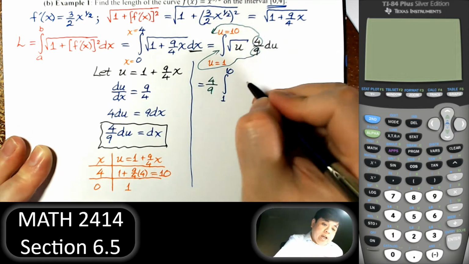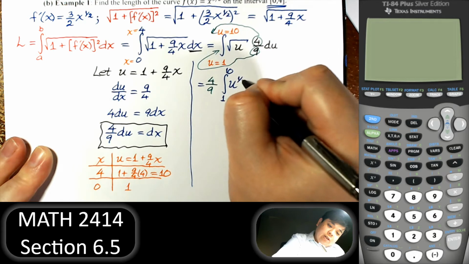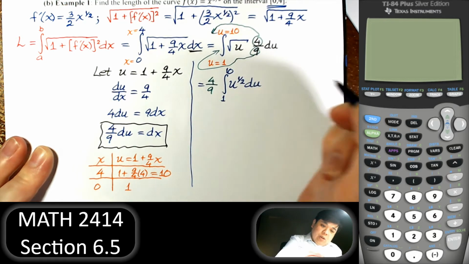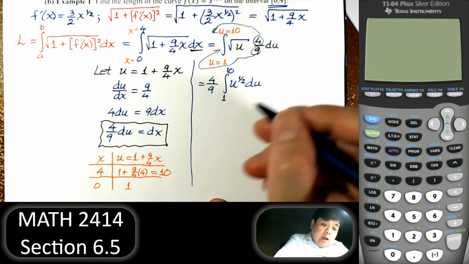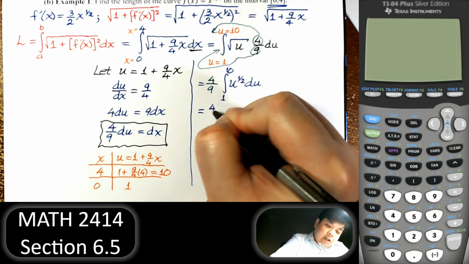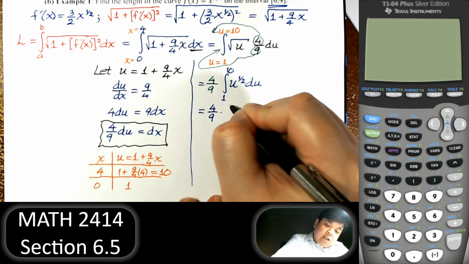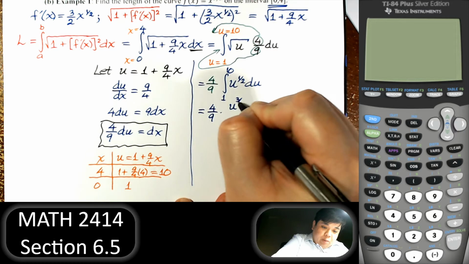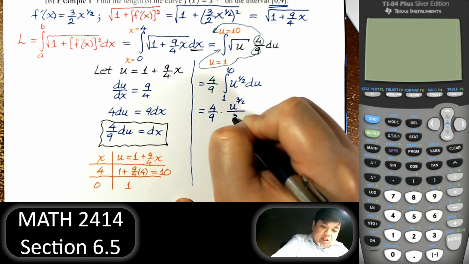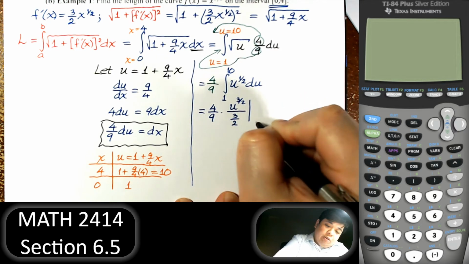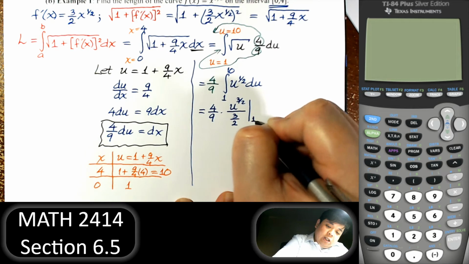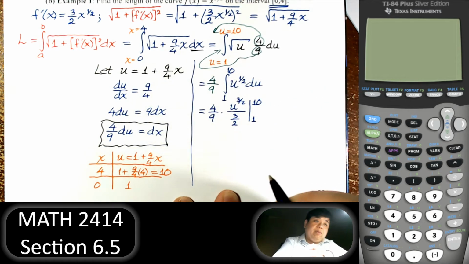Square root of u, we can say u to the 1/2 du. And then we have 4 over 9. Integral of that is u to the, increase the power by 1 and divide by the same thing. Integrate from u equal to 1 to u equal to 10.